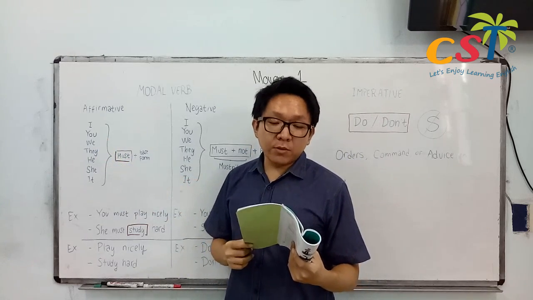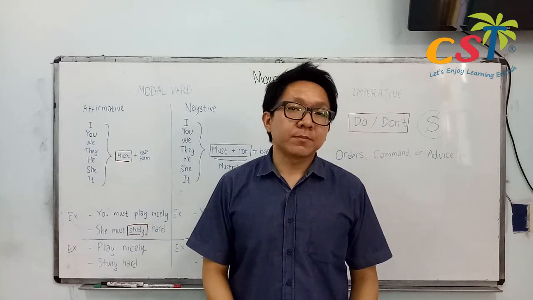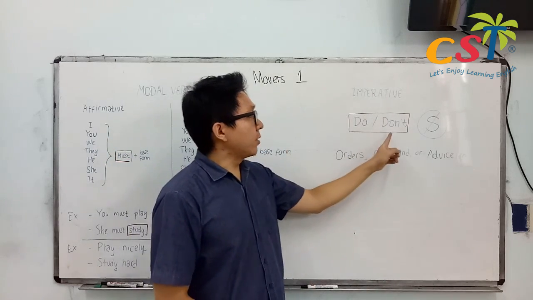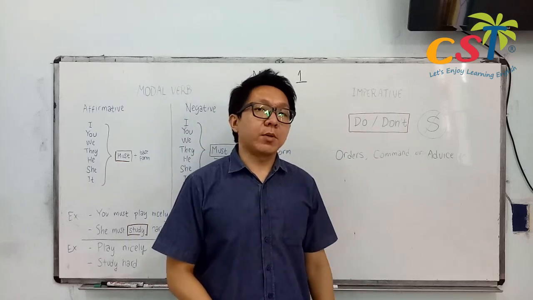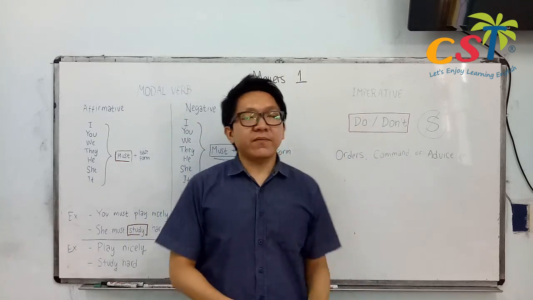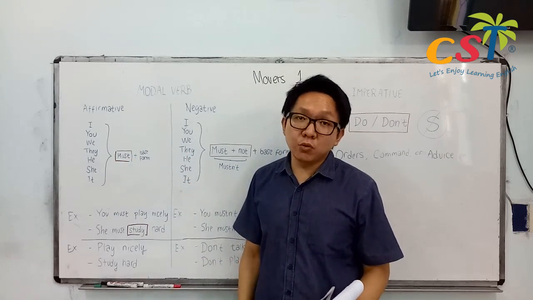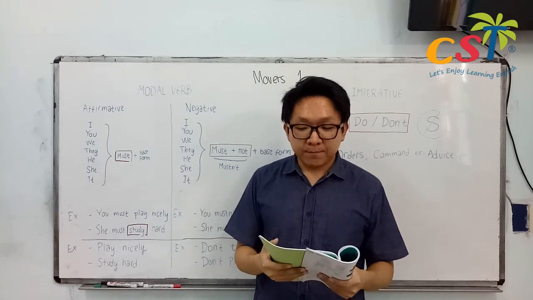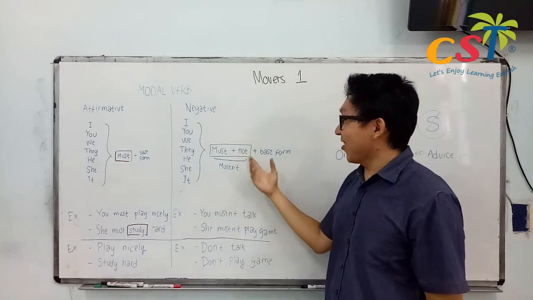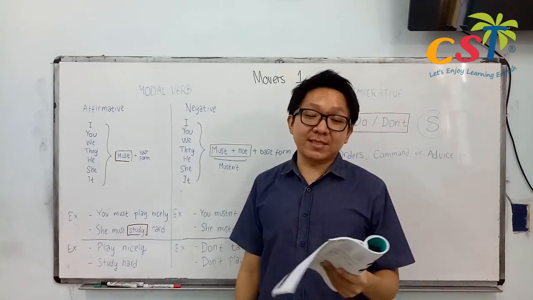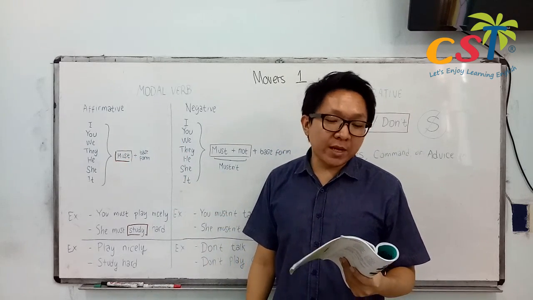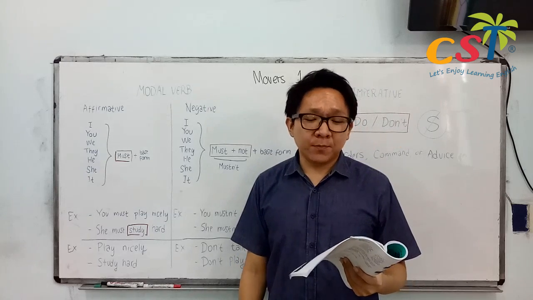Number 1, don't feed the animals. It uses the imperative here. Don't feed the animal. So you change that from imperative to the modal verb must. So you say you must not, you must not feed the animal, because it's negative. Number 2, we have don't drop the litter.